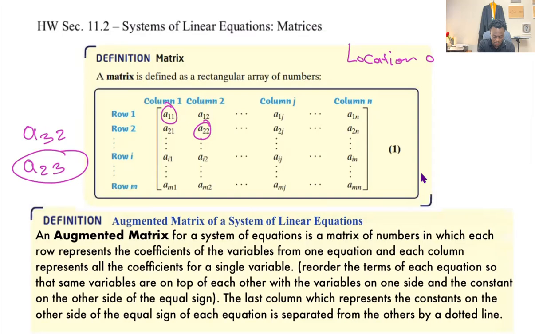So say, for example, I just take any example here, this one, Aij. That's the number at the intersection of the ith row and the jth column.